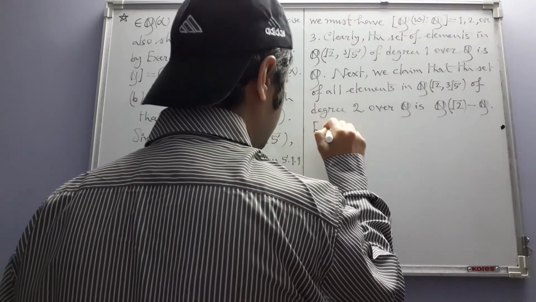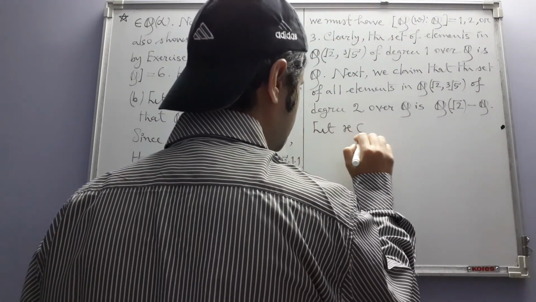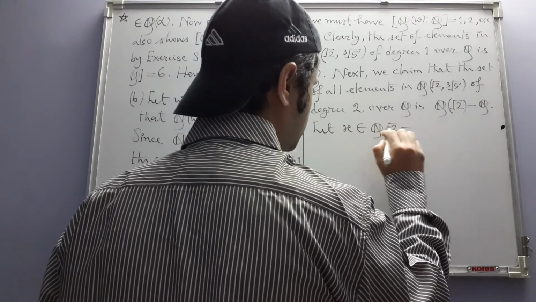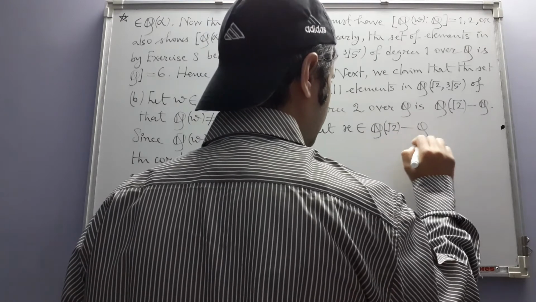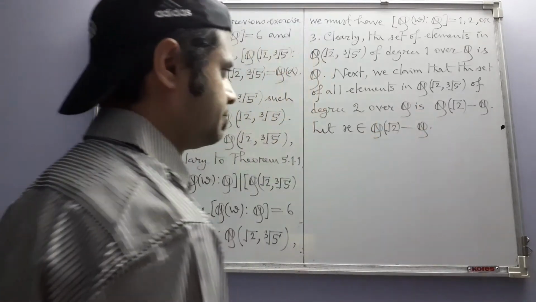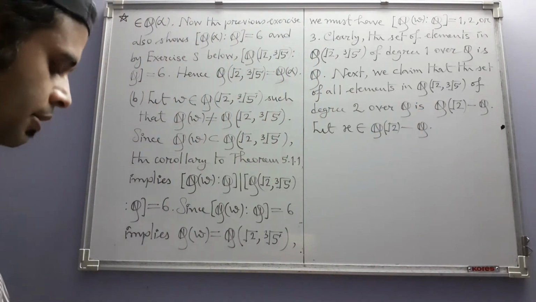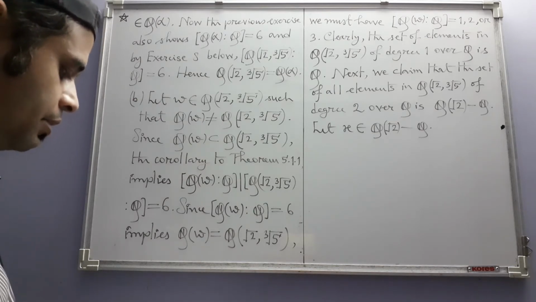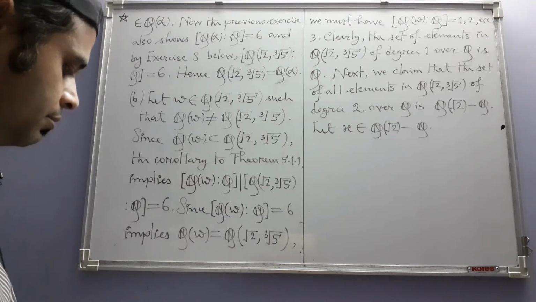So let x be an element in Q(root 2) minus Q. Okay, but we did not use that fact.